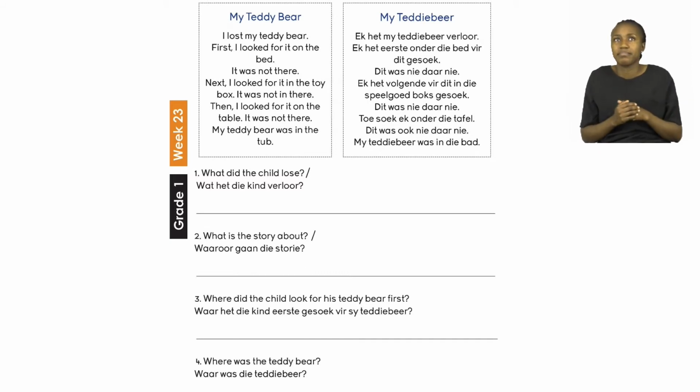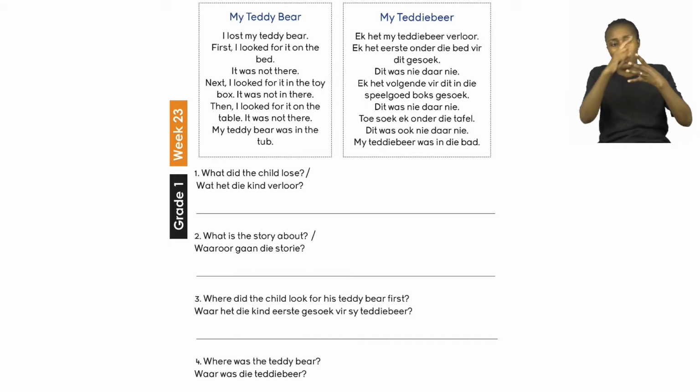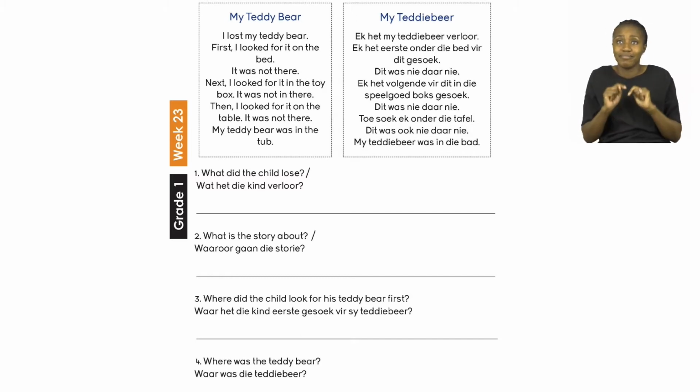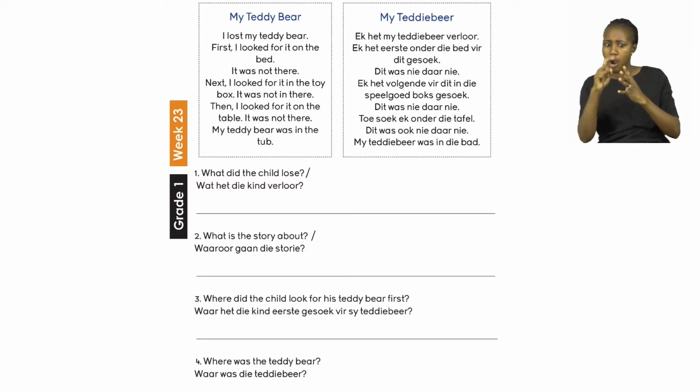So these are our question words and our questions. Now we have to go back and read our story, this time keeping our eyes and ears wide open so that we can try and find our answers.